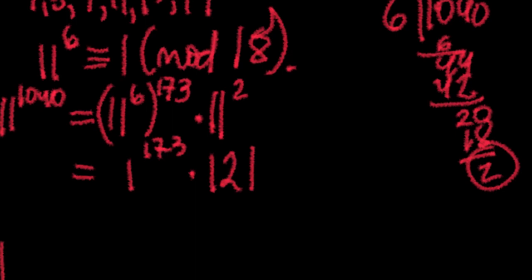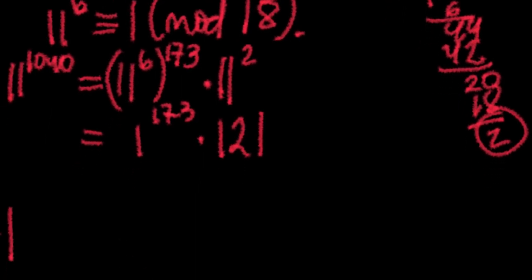Okay. Furthermore, let's move to the next line. Okay. Moving on. 1 raised to 173 is still going to be 1, no matter what. So it remains for us to get the 121 mod 18.